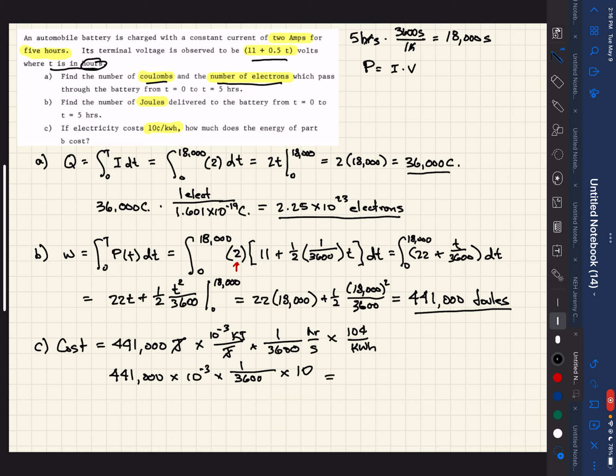And when we plug all that into the calculator, we should come up with 1.225 cents. So to charge our battery with 2 amps for 5 hours costs us just a little over a penny to do that.